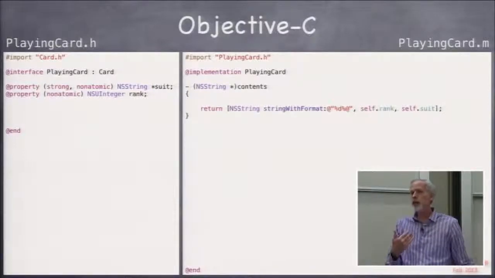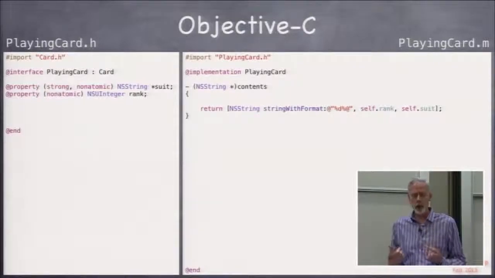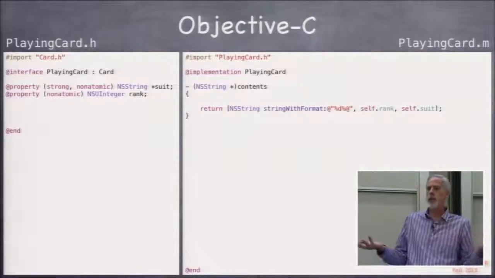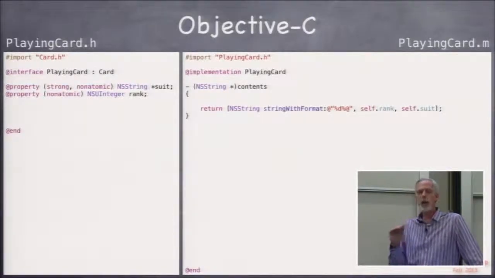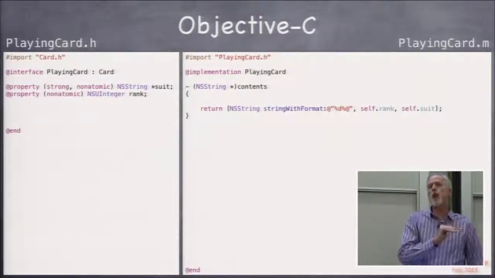So notice that in PlayingCard, we're overriding Card's method contents. We inherit contents from our superclass, and by default, contents just returns the value of whatever the contents property is. But here in the PlayingCard, we're going to override contents to actually calculate our contents based on these other 2 properties.